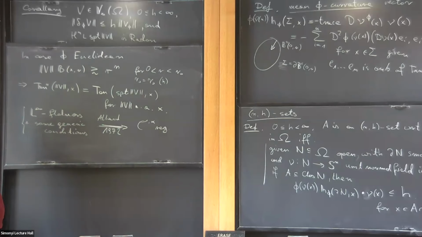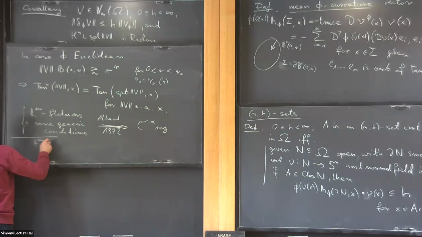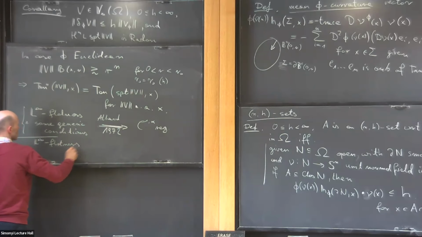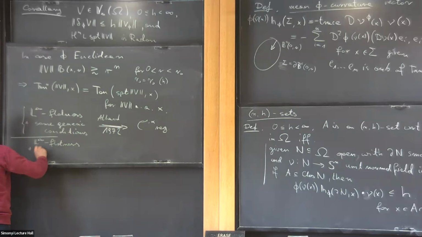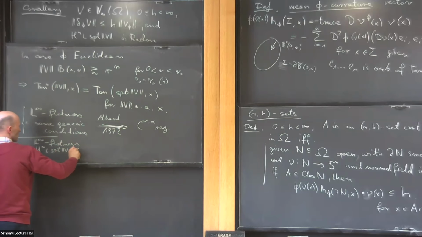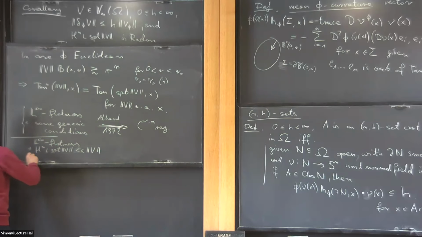And if you change the norm to non-Euclidean, you go to the anisotropic setting, then you have a similar theorem, also by Allard, but it also assumes L infinity flatness, plus that we always assume this, absolutely continuous with respect to V, plus generic conditions.